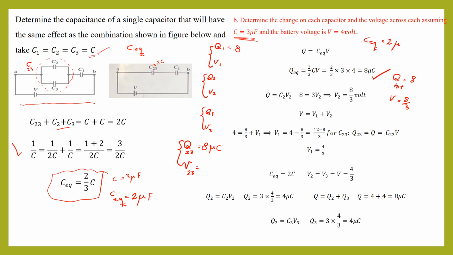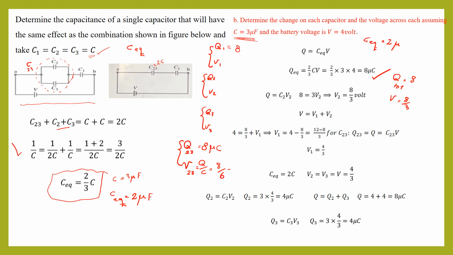Once you get, everyone, this 8 Q or this blank, once you found it, it is possible to find the potential by having Q over C. In fact, 8 divided by how much is C23? 2C means 6.